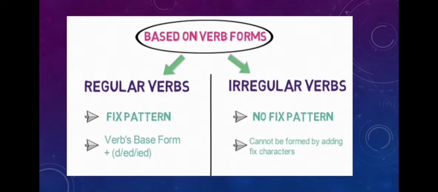Now, what are irregular verbs? How do we form them? There is no fixed pattern, as we have seen. Drink, drank, drunk, no fixed pattern, and it cannot be formed by adding fixed characters.